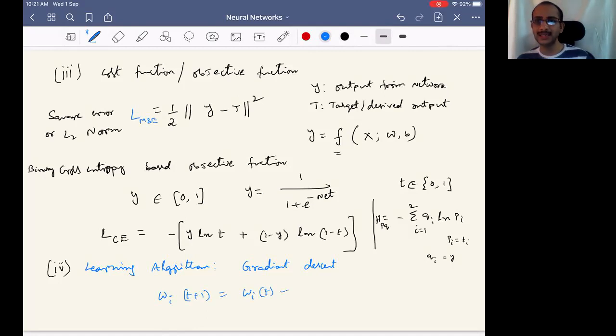You move in the direction opposite to the direction of the gradient at the corresponding location of the parameters you have. So you take the gradient of this function, L or J, fine, and then move in the direction opposite to this gradient.